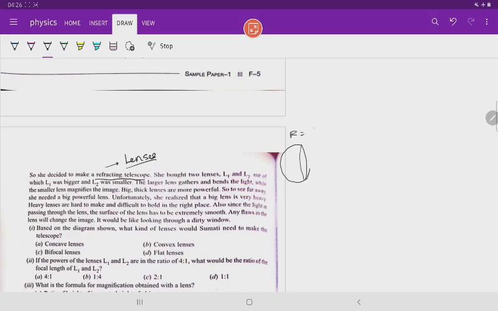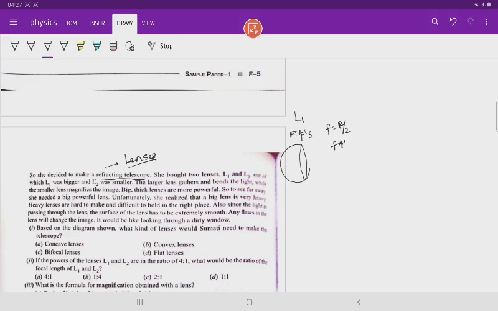The radius of curvature will be more for L1, and we know F is equal to R by 2, so even F also will be more compared to L2. The larger lens gathers and bends the light while the smaller lens magnifies the image.